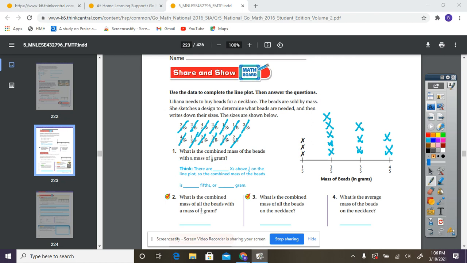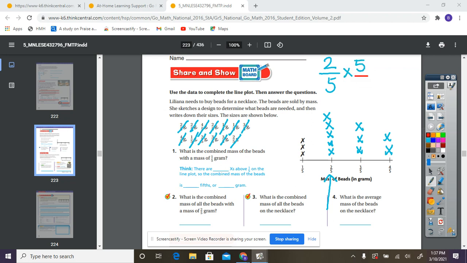What is the combined mass of all the beads with a mass of 2/5 grams? So I'm looking at the 2/5 gram section. The answer is not 5 because there are 5 2/5 gram beads, but they're looking for what is the weight. So I have to do either 2/5 plus 2/5 plus 2/5 plus 2/5 plus 2/5, or I can just multiply 2/5 times 5.